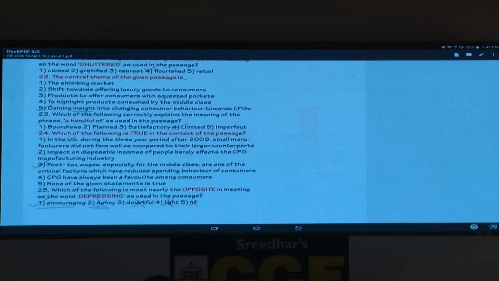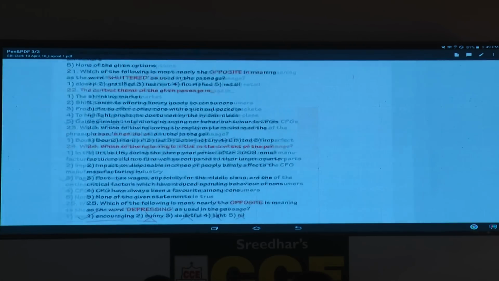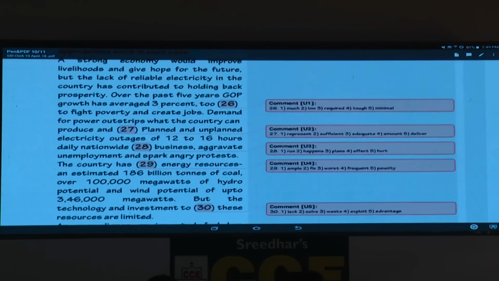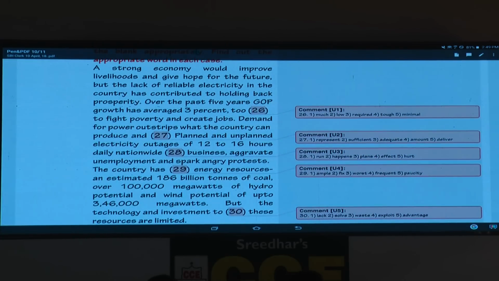Now let us move on to the last one. How many questions are there still? So, a strong economy would improve livelihoods and give hope for the future, but the lack of reliable electricity in the country has contributed to holding back prosperity.